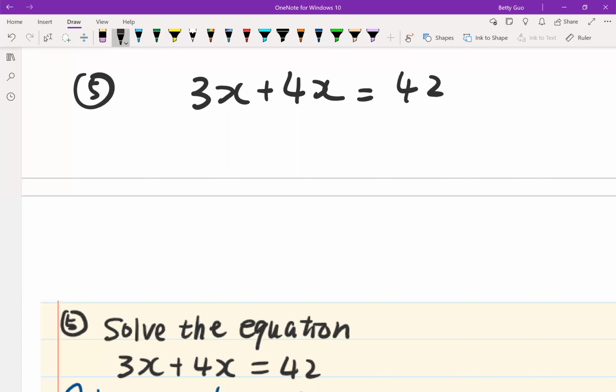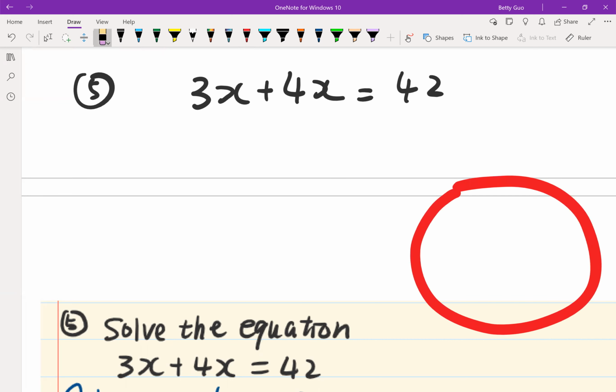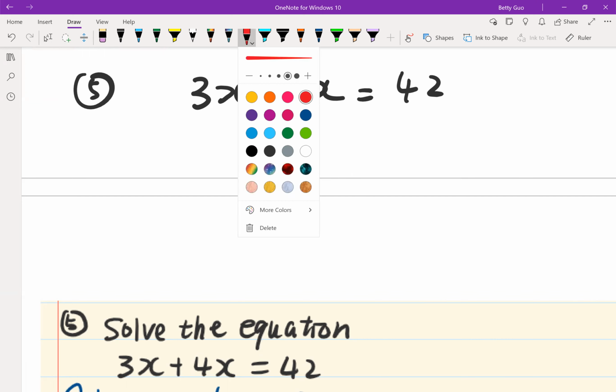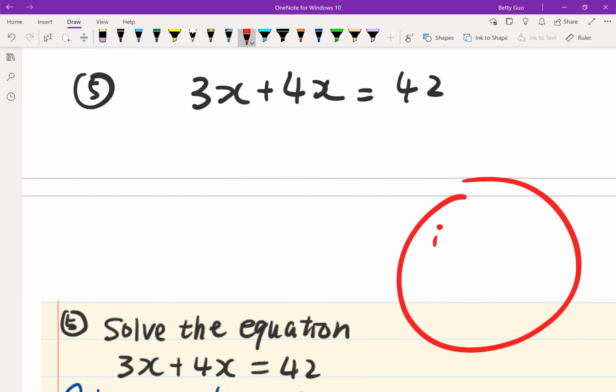3x plus 4x equals 42. I remember when we talked about this part, every time I draw a bubble and write a sentence here: isolate x on the left.